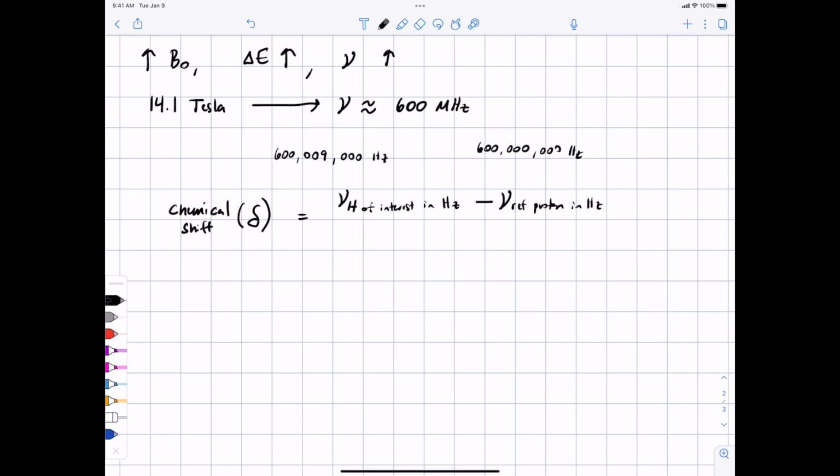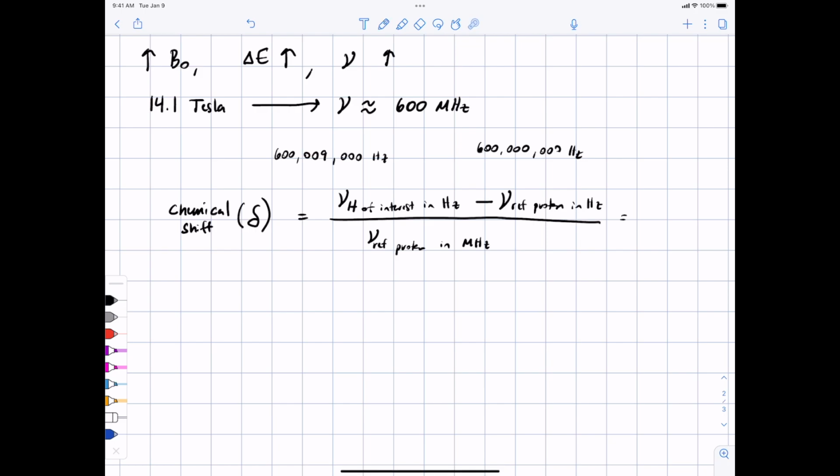Your reference proton has 600 megahertz. And then you divide by the frequency of your reference proton, but not in regular hertz, in megahertz.